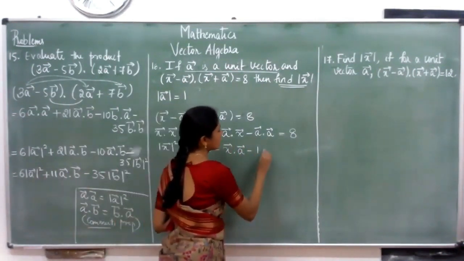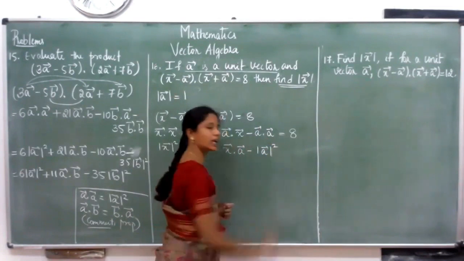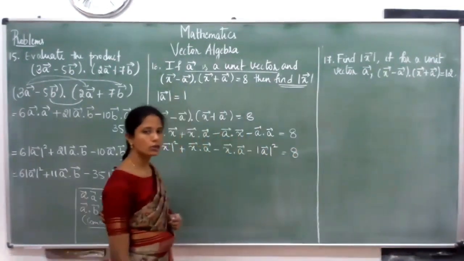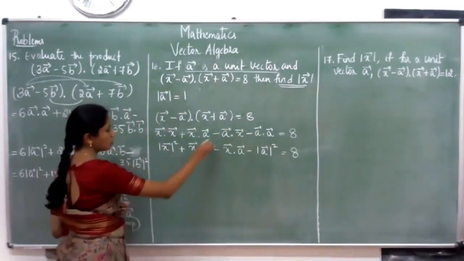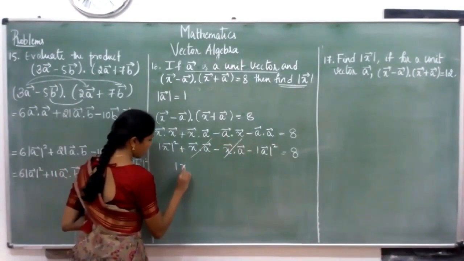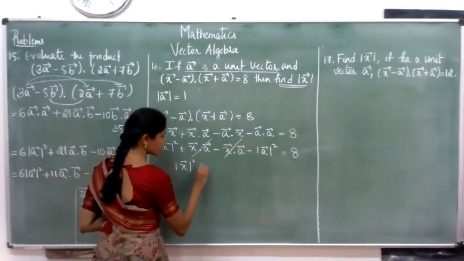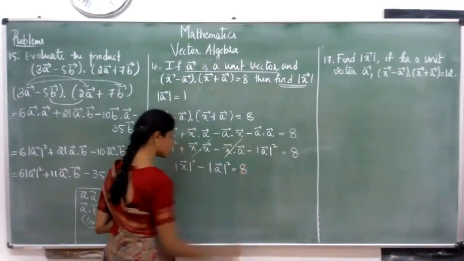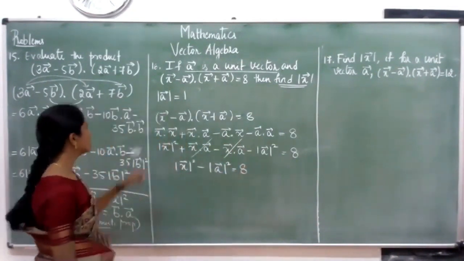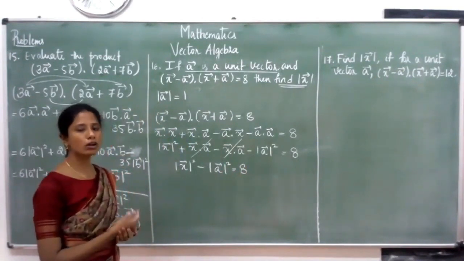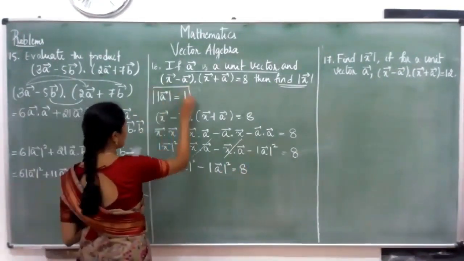So vector A dot vector A can be written as magnitude of vector A the whole square, which is equal to 8. So this and this get cancelled. So you have magnitude of vector x the whole square minus magnitude of vector A the whole square, which is equal to 8. We already know the value of magnitude of vector A, which is given as 1.